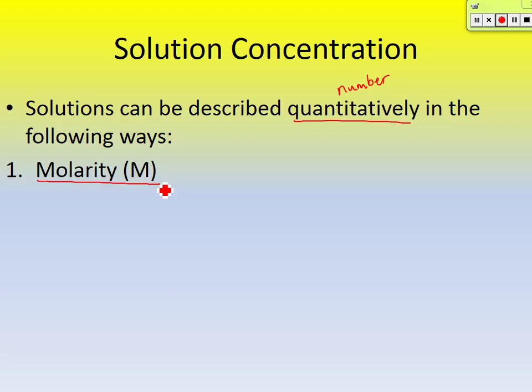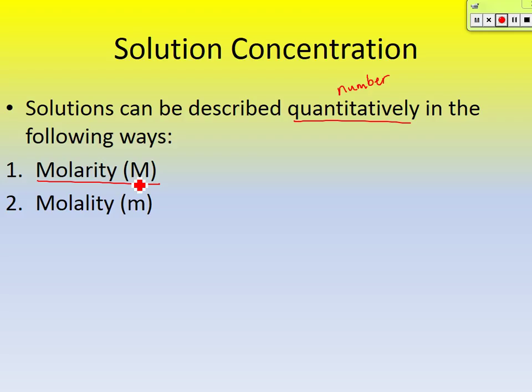Molarity is given this symbol, capital M. So whenever you see that, you know it's a measurement of how concentrated the solution is. By far, this is the most common way that chemists will measure the concentration of solutions. But there's other ways too. Let's briefly go over them.